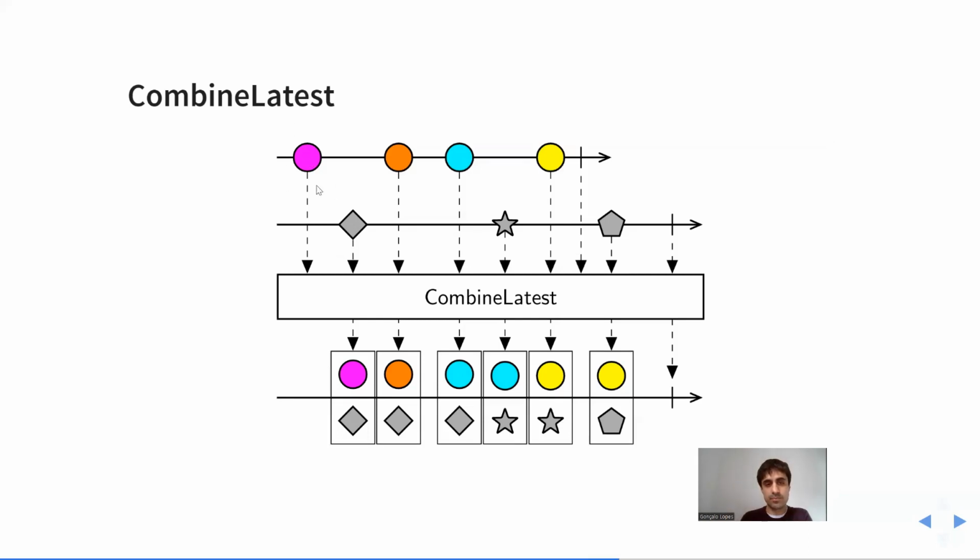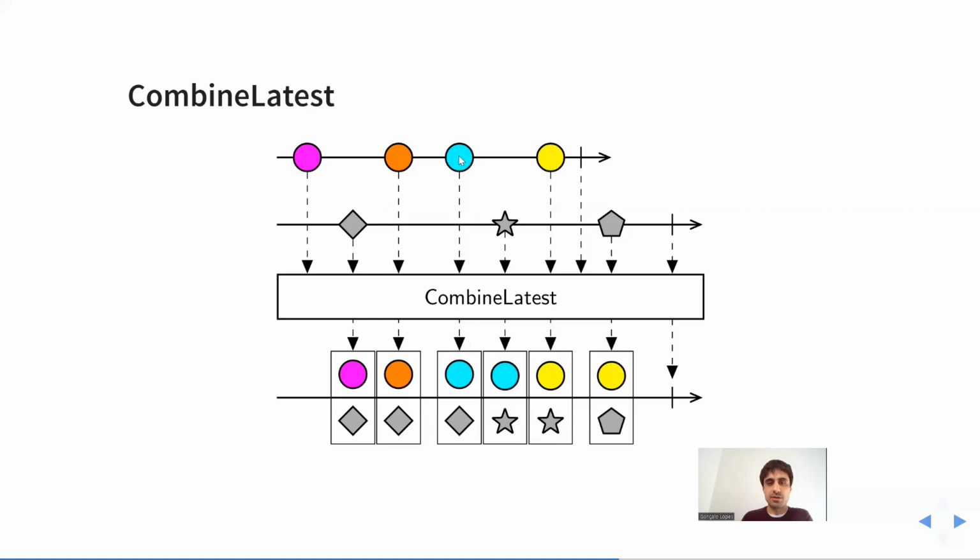So if the first element from the first sequence arrives, at that moment there's no pair to be formed because nothing has yet arrived on the second sequence. But as soon as something arrives there, you have a pair as before. And now, as soon as another element arrives from the first sequence, combine latest will make a new pair, because these two are now closest in time.